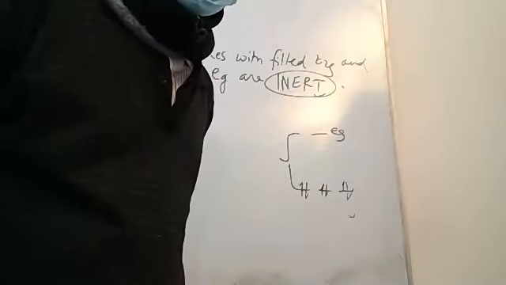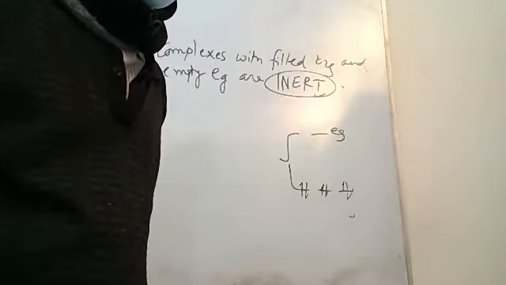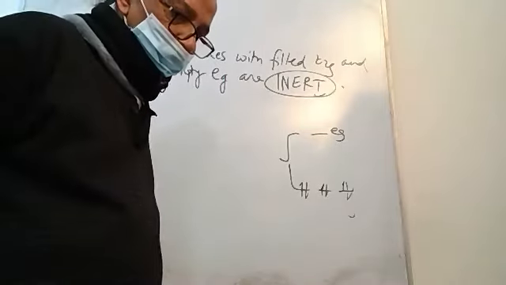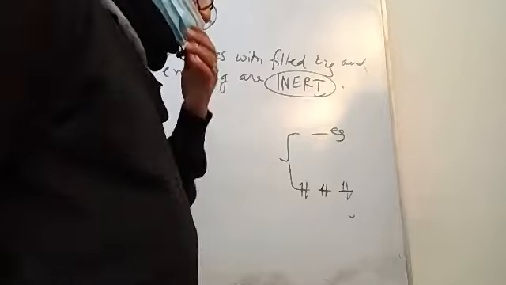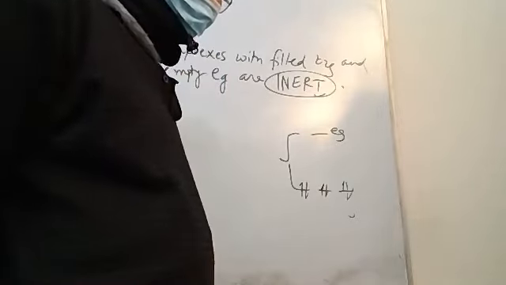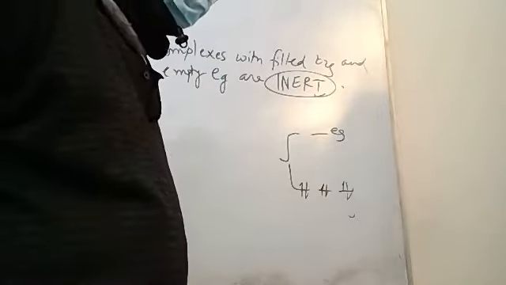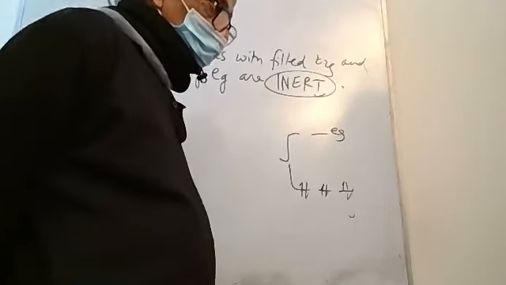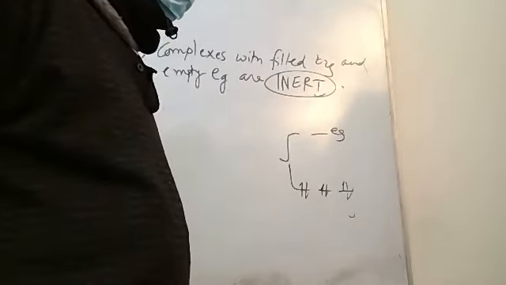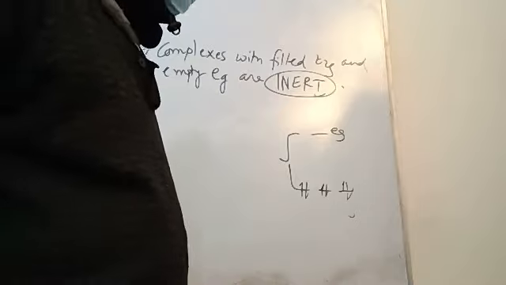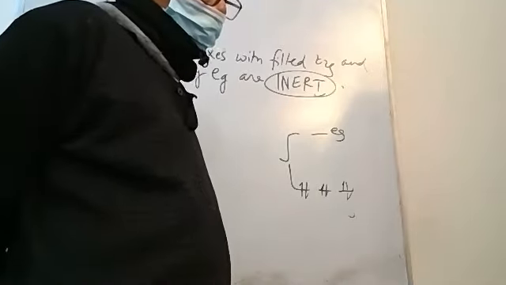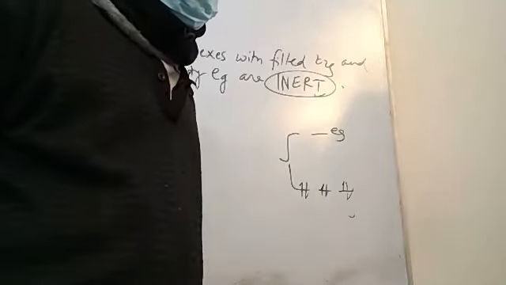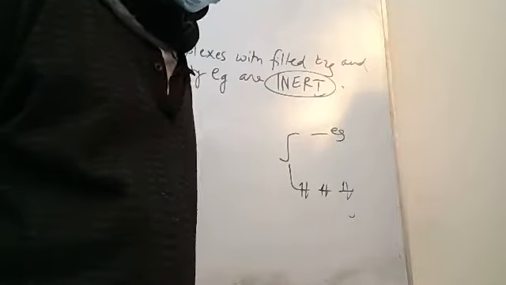That answer your question, Sahil? Yeah, I remember if there's an inner orbital complex, I usually say it's inert. If there's an outer orbital complex, I can say it's weak and labile. Those are different things you're talking about. The inner orbitals, outer orbitals are very different. Here we're talking just about the metal itself.